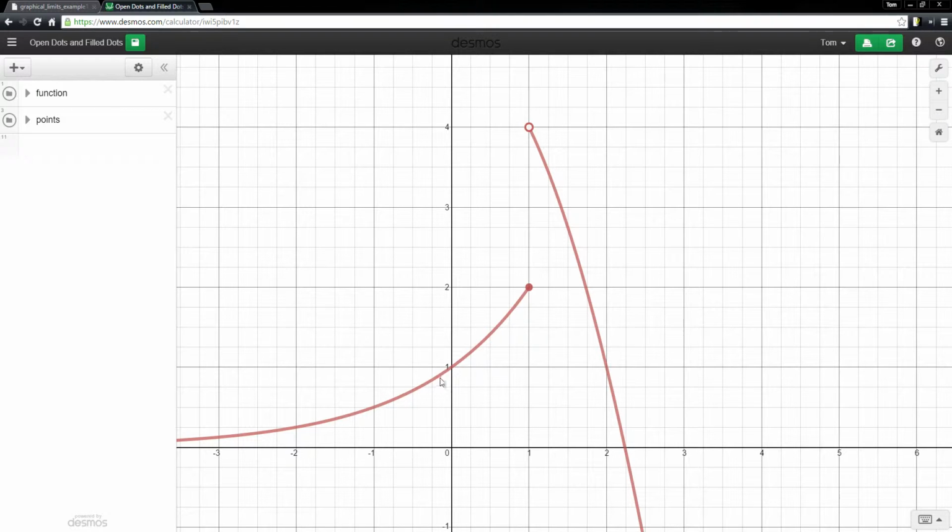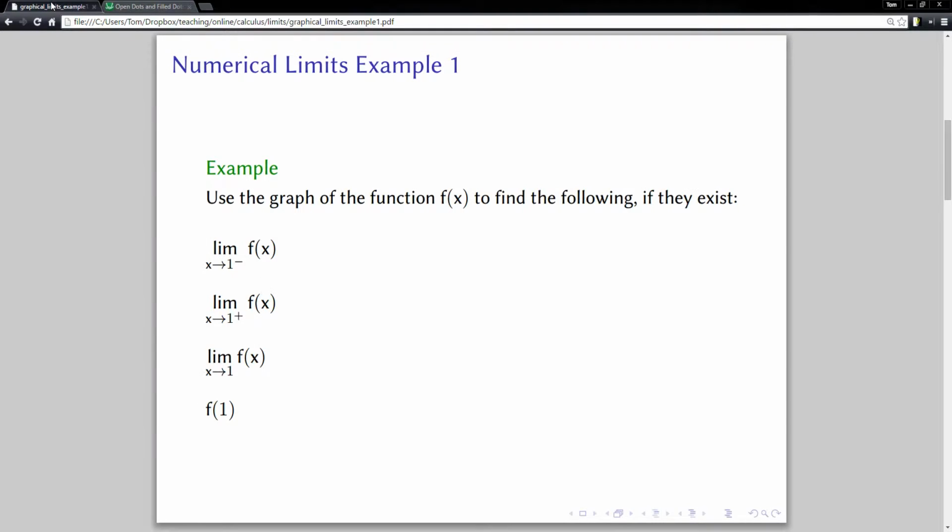And as we go to 1 from the left, following up along there, we can see that the graph heads right to this point right here. So the closer and closer we get to 1 from the left, the closer and closer the y values of the points on the graph are going to get to the y value of this point right here, and that point has a y value of 2. So what we would say is that the limit as x goes to 1 from the left of f of x is equal to 2.